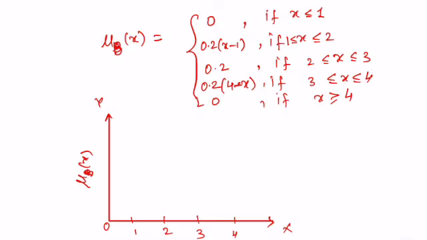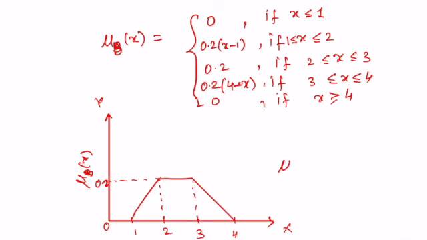Suppose this 0.2 lies here, and then we have 2 to 3, and then from 3 to 4. So its maximum height reaches 0.2.